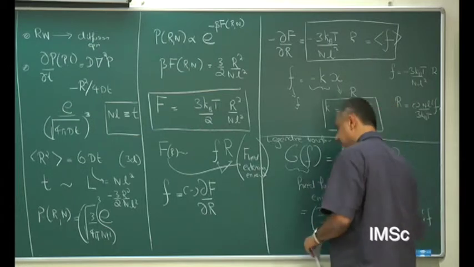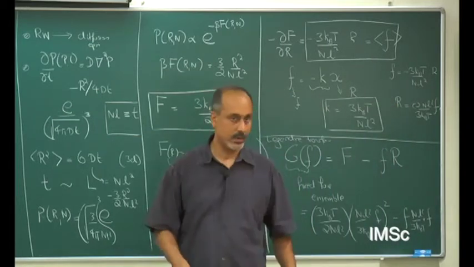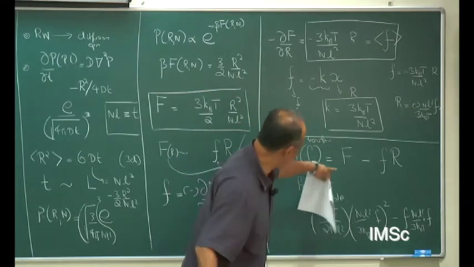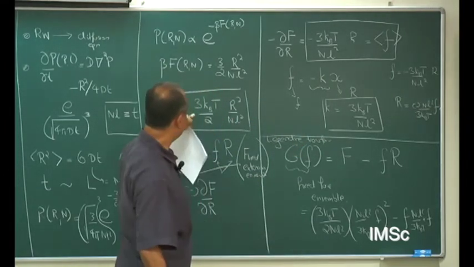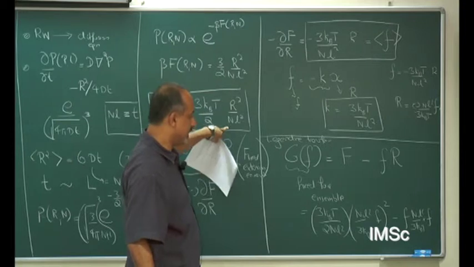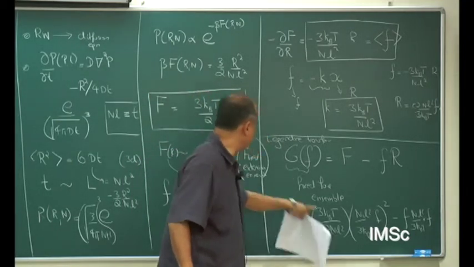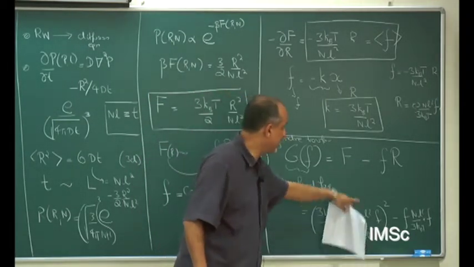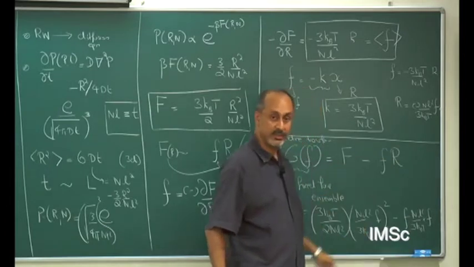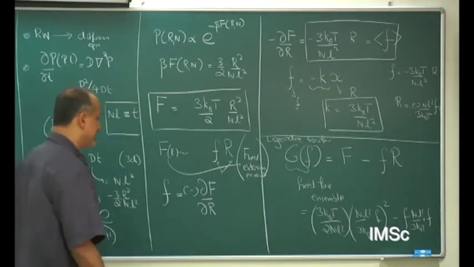So both these terms are of order F squared. All I've done here is substitute for F. Since I know that F is 3 kBT by 2 R squared by NL squared, I have pulled that term out here, the first term out. And for R squared, I have substituted the result that I obtained from here. And the minus sign, of course, goes away.